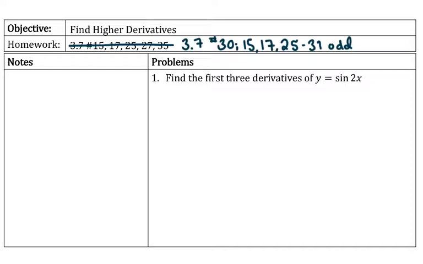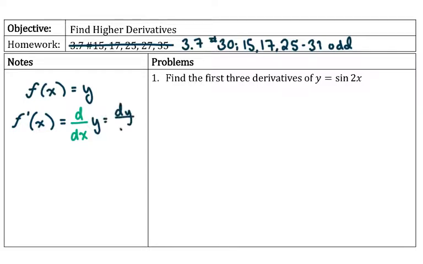So the main thing when we think about higher derivatives is that it's the derivative of a derivative, meaning that if f of x is equal to y, this is just a fact that we know about function notation, then f prime is equal to d/dx of y, which you'll notice, if we use the Leibniz notation, we are simplifying to dy/dx. You can just think about it like multiplication.